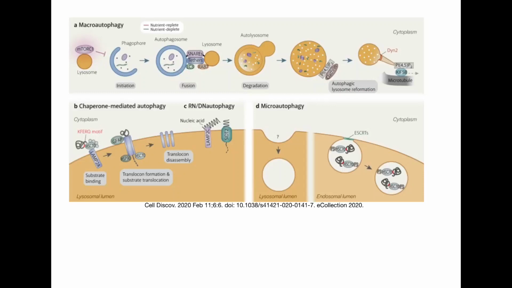So in the case of macro, and really both chaperone-mediated and microautophagy, one of the causes of inefficiency is the pH in the lumen of the lysosome. It starts out when you're young and healthy being around 5.5, and it gradually gets higher and higher.